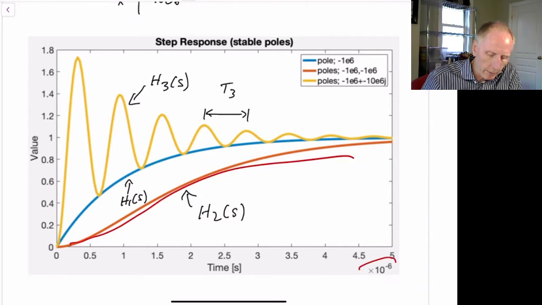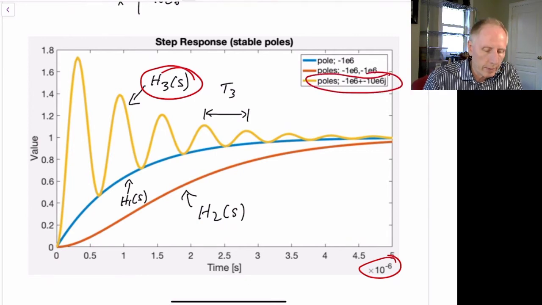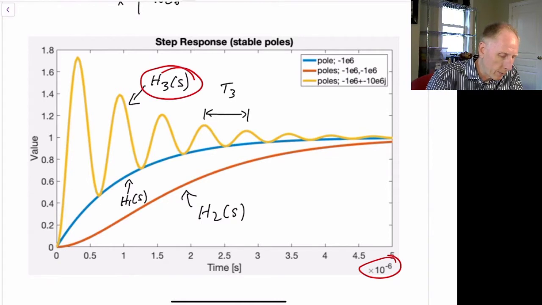And notice our timeline is times 10 to the minus 6, so this is in microseconds. And finally, the last one here is H3. It's shown here, and it has poles at minus 1e to the 6th plus or minus 10e to the 6th times j.